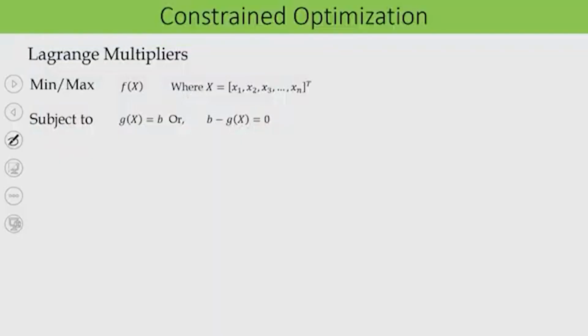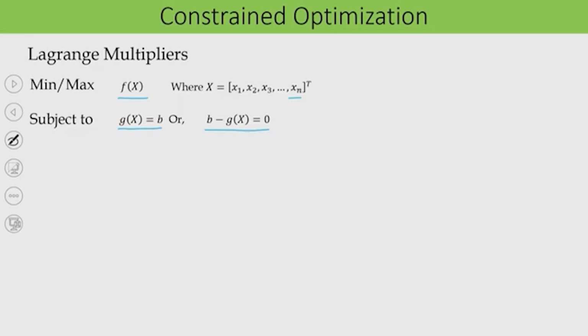This is a minimization or maximization problem. So, this is min or max f x, where we have a total of n variables, subject to g x equal to b. I can write this as b minus g x equal to 0. Here b is the right hand side of the equality constraint, that means g equal to some value.